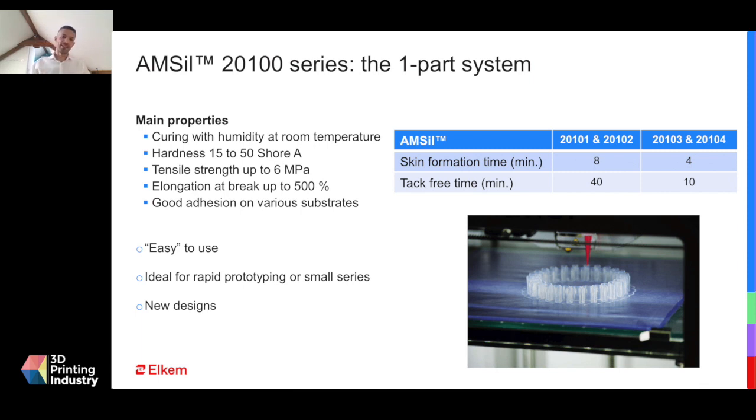And this series is really suitable for rapid prototyping, but also to make small series with functional parts. So it means that thanks to that, you can test new designs in real life, I would say, and start to use them for real applications.